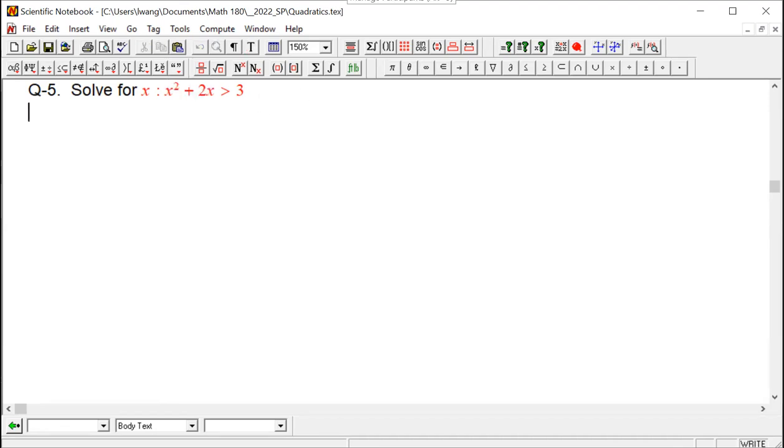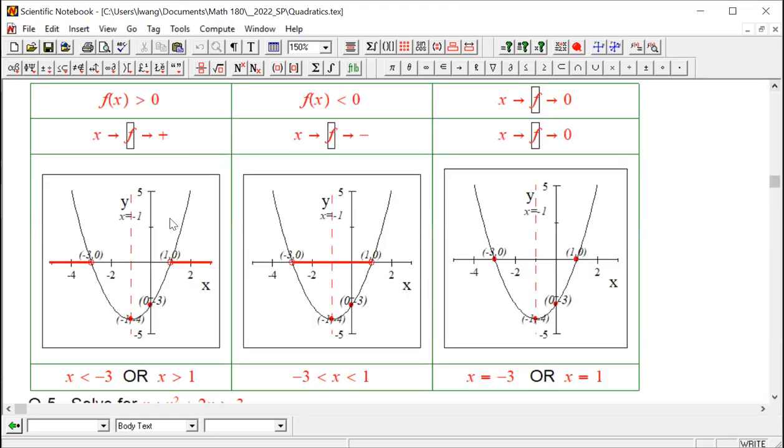And the other way is that we can make it 0. Because you can see all of these questions we have here, when you compare the output with 0, it's actually much easier, because we have the x-axis as a divide: larger than 0, smaller than 0.